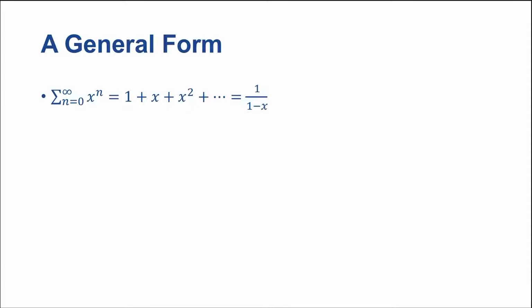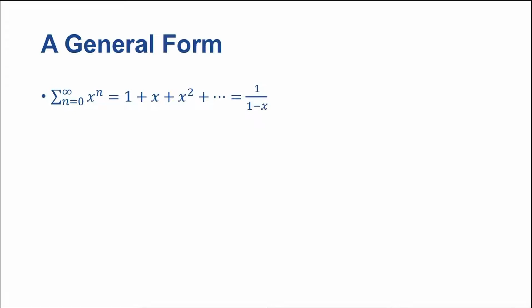If I take the sum of x to the nth power from 0 to infinity, so 1 plus x plus x squared, and we go all the way out to x to the n, we can assert that x is going to be a fraction of some sort so that our series converges.